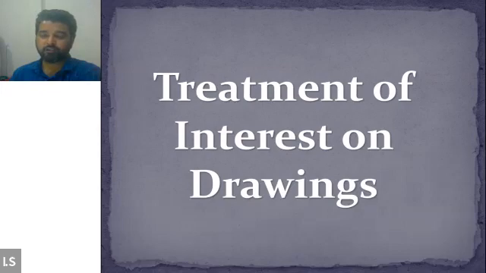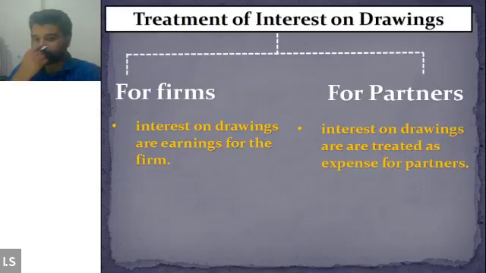Now there are two perspectives of drawings. Whenever drawing is being done, interest will be imposed on such drawings if partners have agreed upon the payment of interest on drawings. Let me explain this concept on the paper.